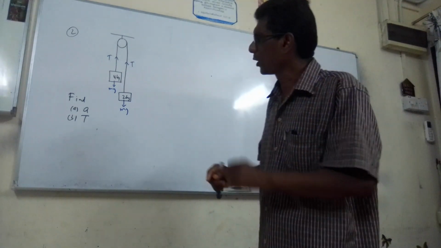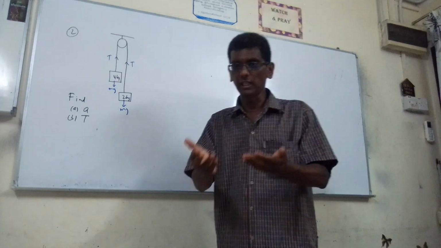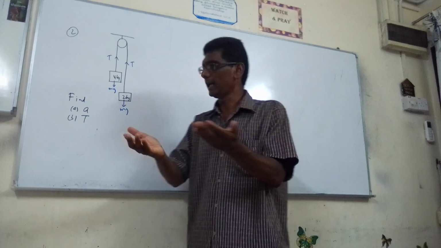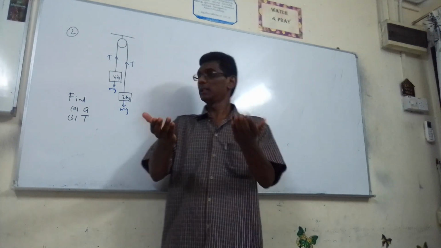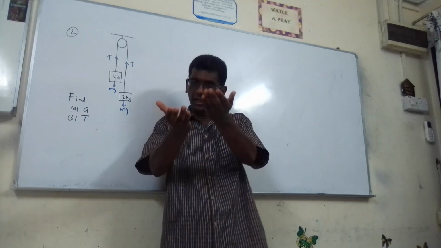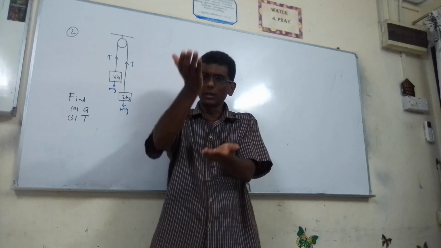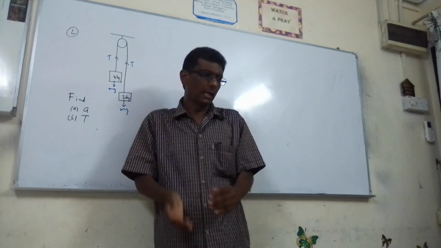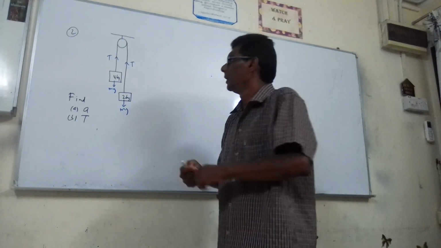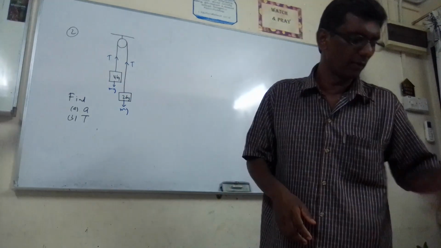Then we consider the 4 kg and the 2 kg. The 4 kg will move down and the 2 kg will move up. We consider the 4 kg first, the forces acting on the 4 kg.